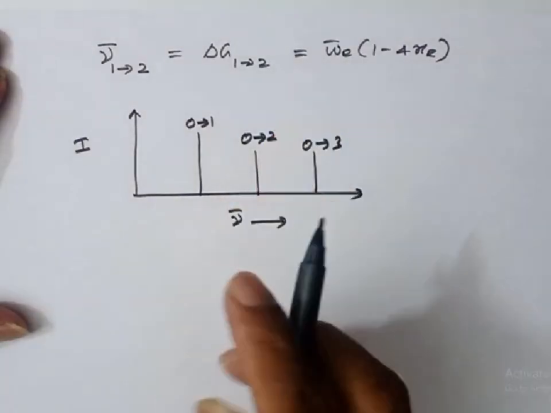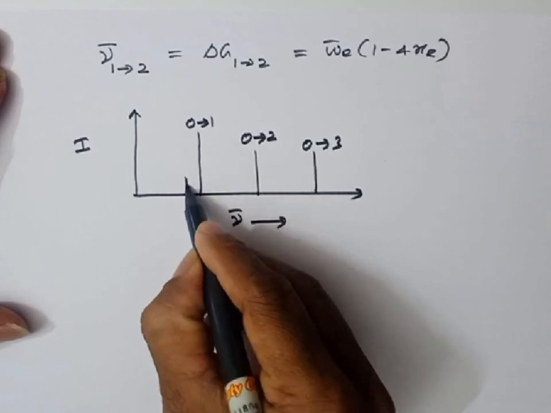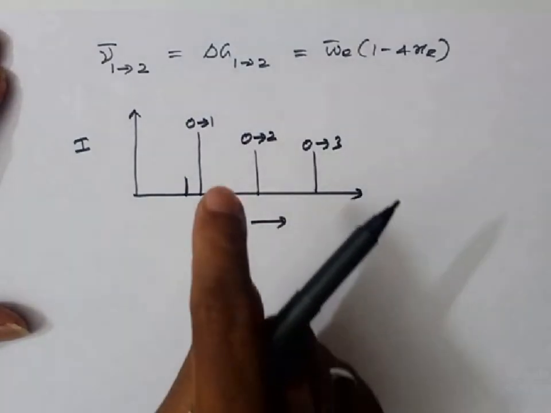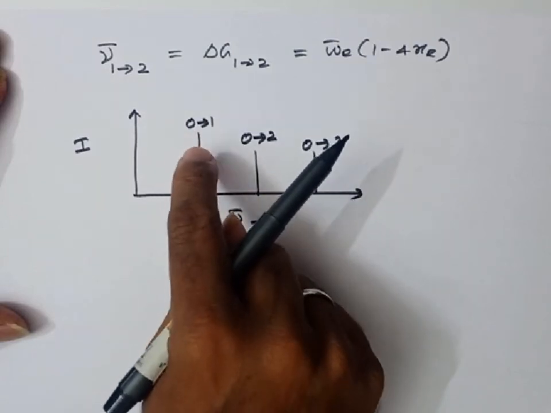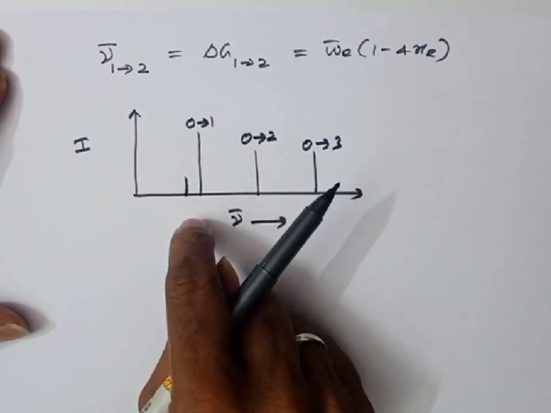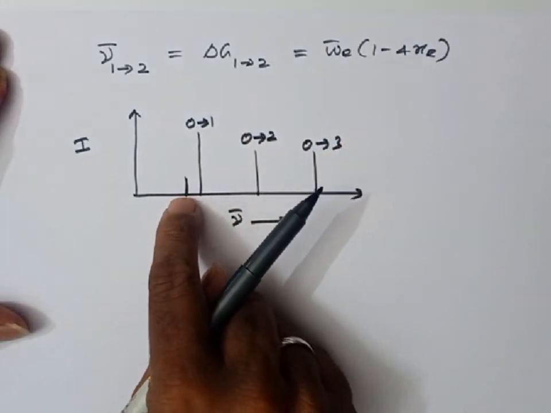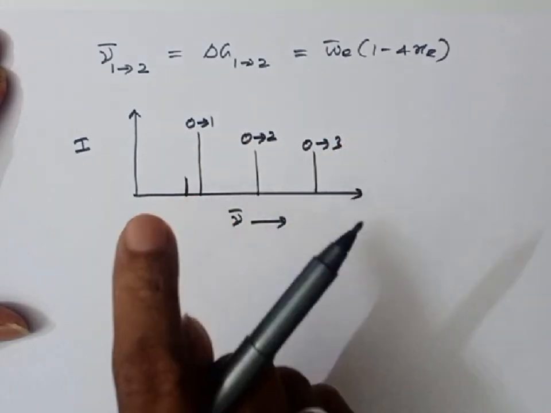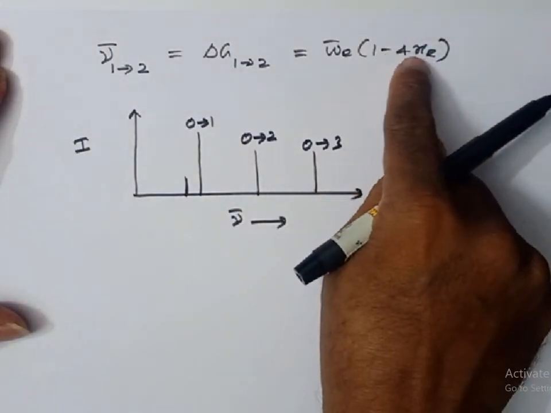What about the hot transition? The hot transition and fundamental transition appear closely, because for the fundamental transition the energy required is omega E bar into (1 minus 2 Xe). We subtract only 2 Xe, whereas for the first hot transition we subtract 4 Xe, omega E bar into (1 minus 4 Xe), correct?